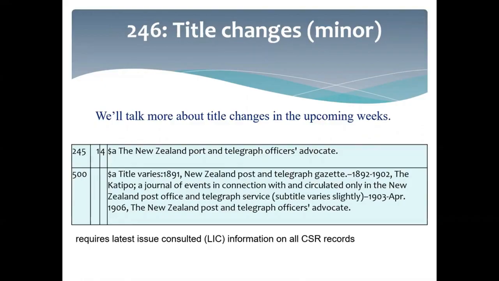In 1891, there was a title variant, New Zealand Post and Telegraph Gazette. Then it changed a little bit, and then it was the New Zealand Post Office and Telegraph Service. Then it was the New Zealand Post Office and Telegraph Officers Advocate. So it has a bit of a history, so these may be things that we'd have to take a look at too.